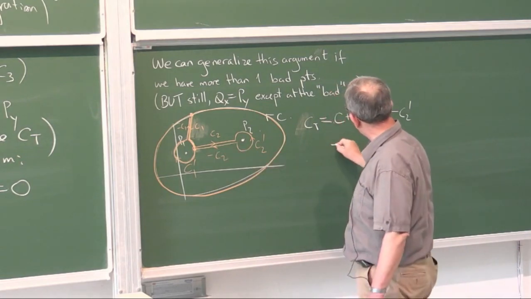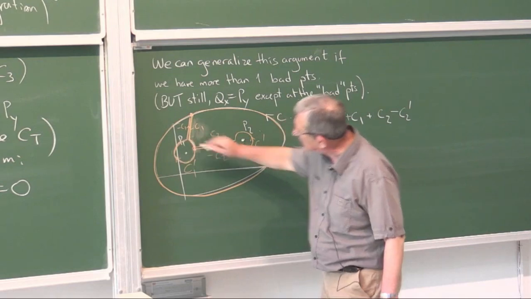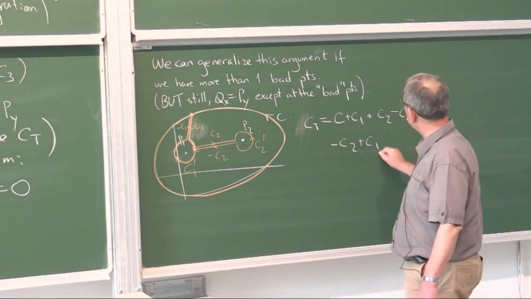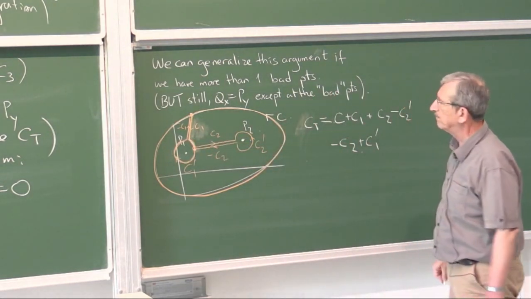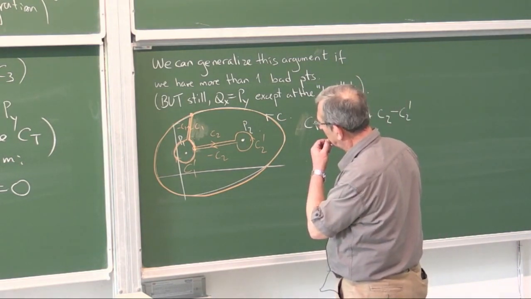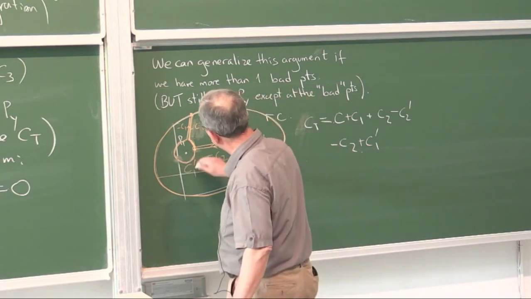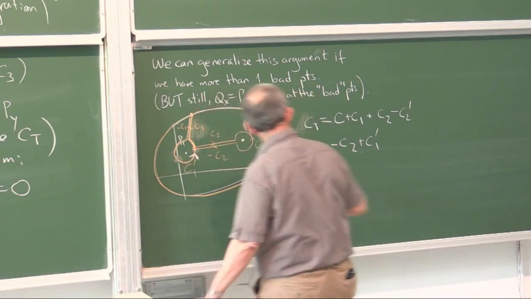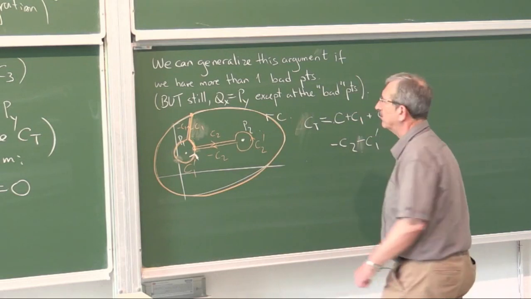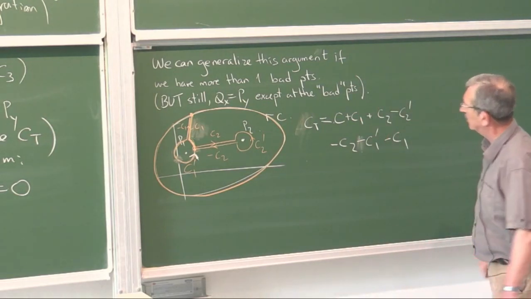And then I have minus C2. And then together with the previous piece, I have C1 prime. Actually, yes, I want this to be counterclockwise. So I have negative of C1 prime. And finally, I have negative C1.